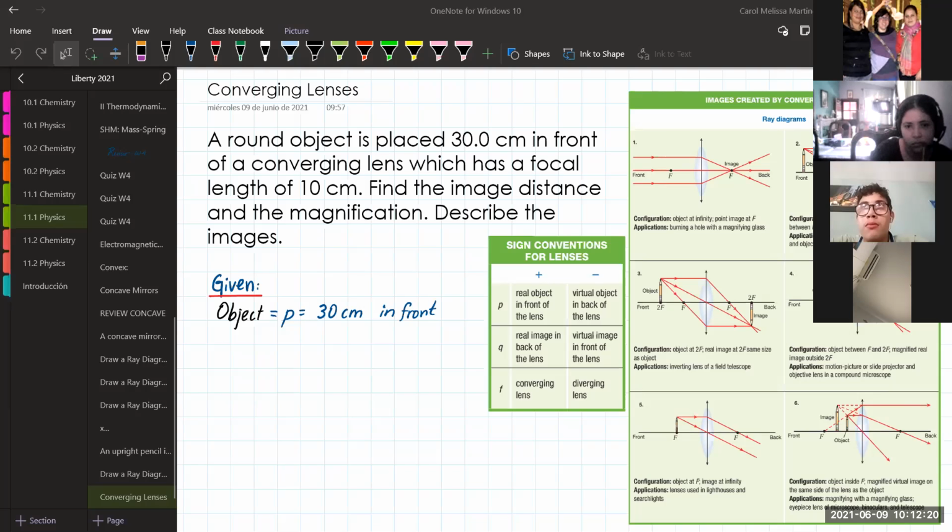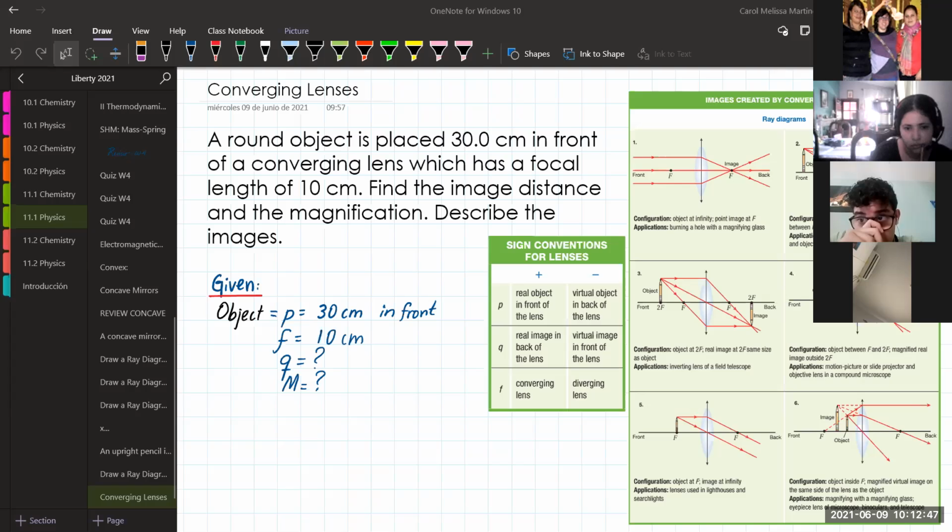So here, the focal length is equal to 10 centimeters. They're asking me to find Q, and they're asking me to find the magnification, and it says that I have to describe the images.